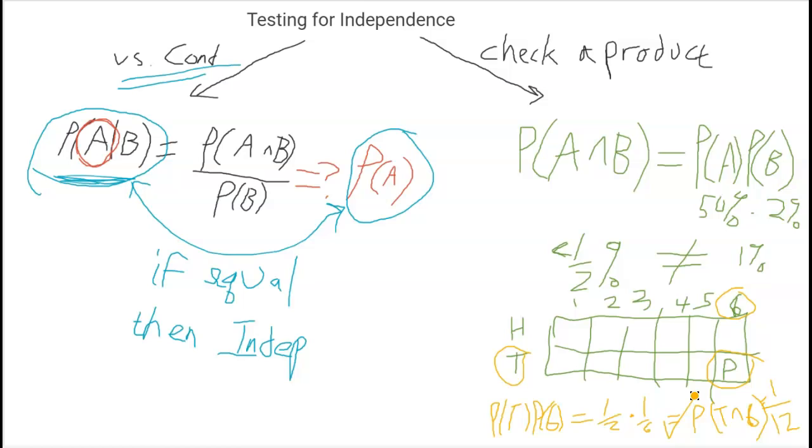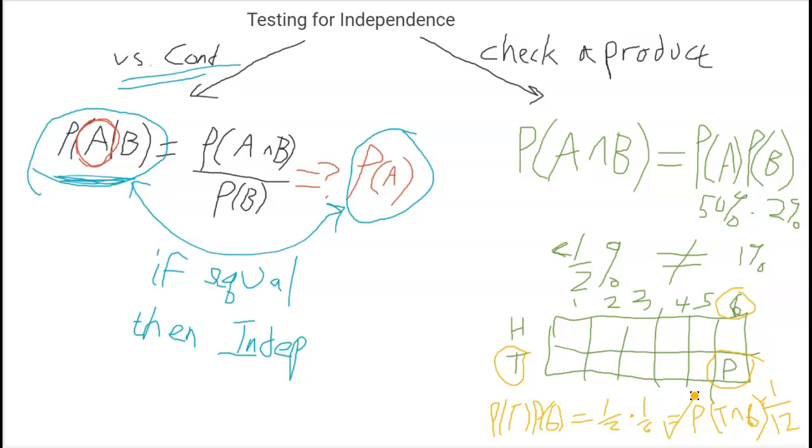If they don't equal, then the events are related to each other. Gender does affect color blindness, so the product doesn't work out. Rolling a tails does not affect the chance of getting a 6, so you can figure it out as 1 in 12 or 1/2 times 1/6. The product does give you the right answer.